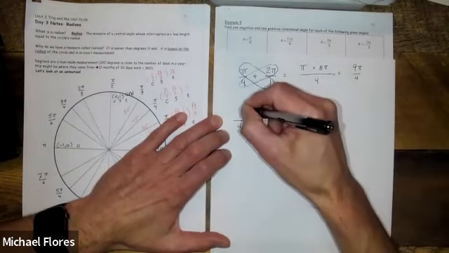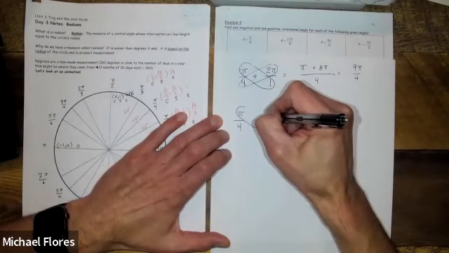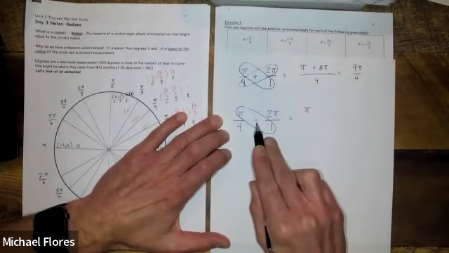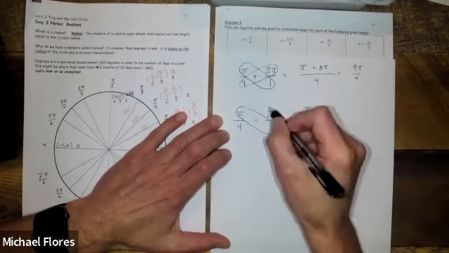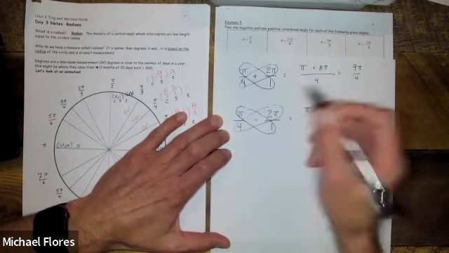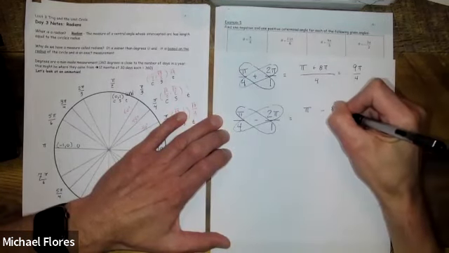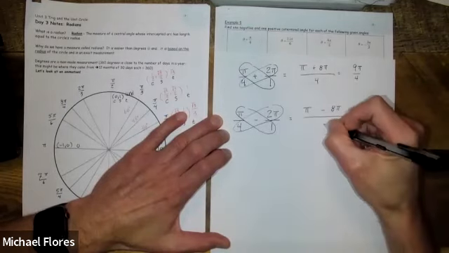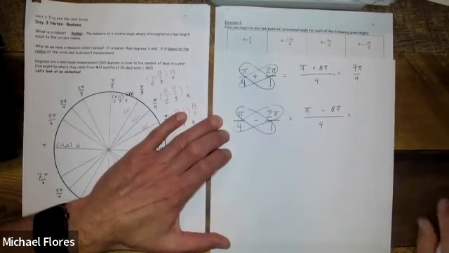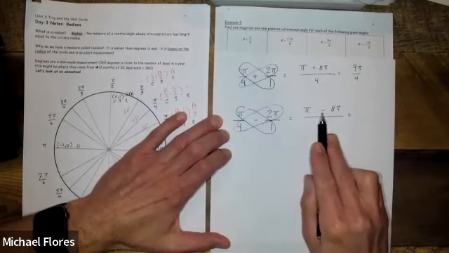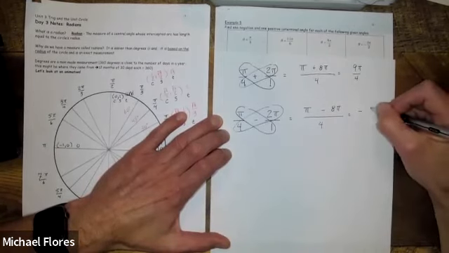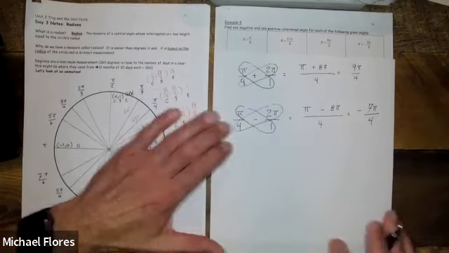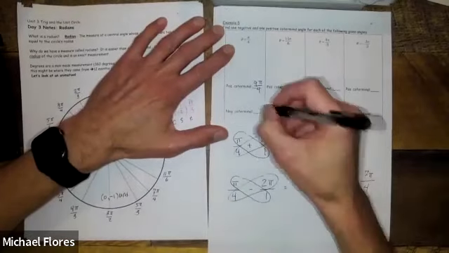Now we're going to start with pi times 1, which is pi, minus 4 times 2 pi, which is 8 pi over 4 times 1. Let's simplify the numerator. Pi minus 8 pi is negative 7 pi over 4. We have now found our negative coterminal angle.